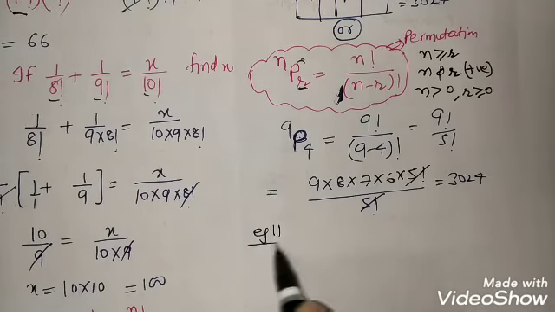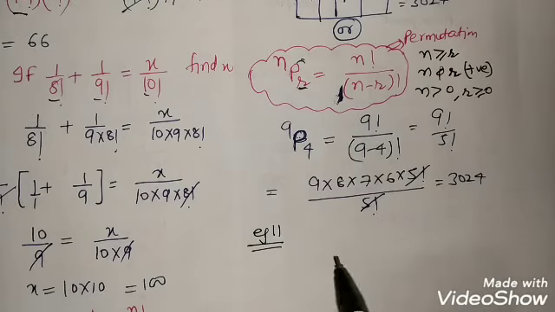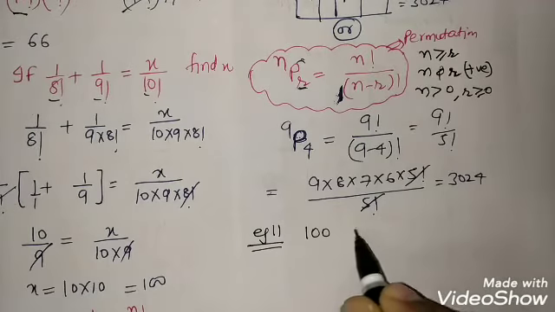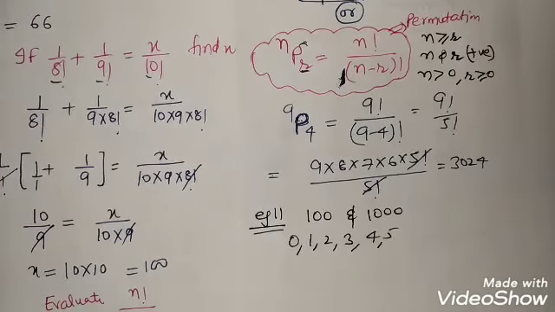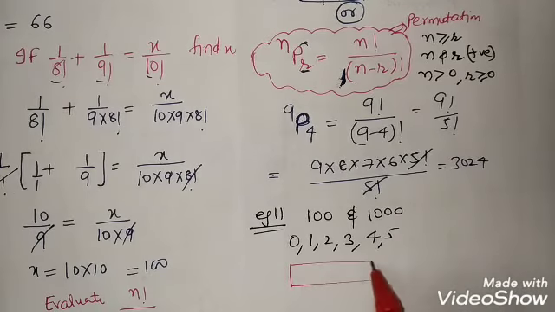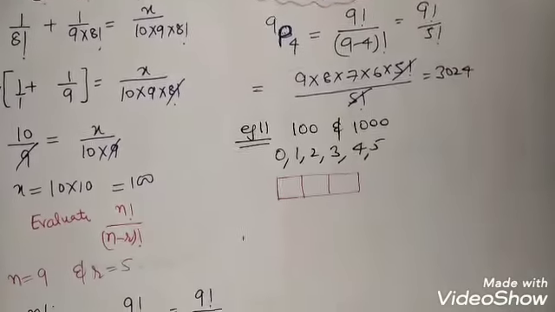Example number 11. How many numbers lying between 100 and 1000 can be formed with the digits 0, 1, 2, 3, 4, 5? Repetition of digits is not allowed. There are only 3-digit numbers between 100 and 1000.